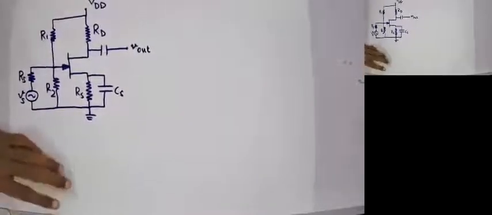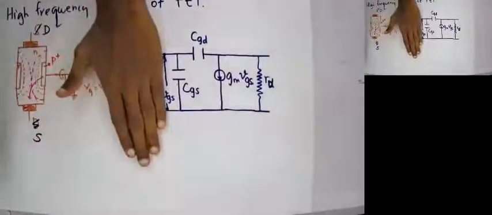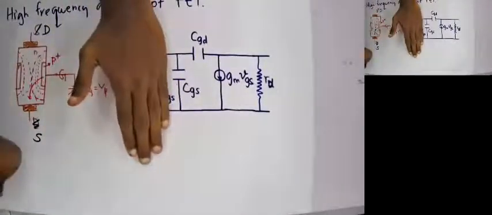Right? Now we'll draw the equivalent circuit first. Of course, we can remove this one. We can draw the equivalent circuit without the Rg.